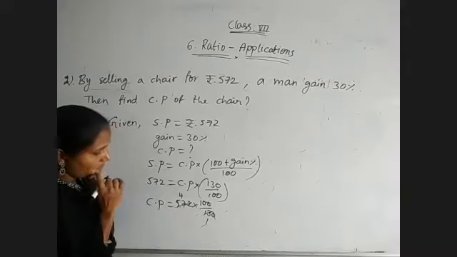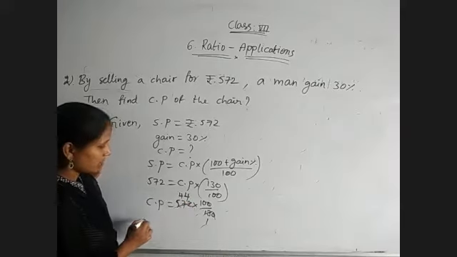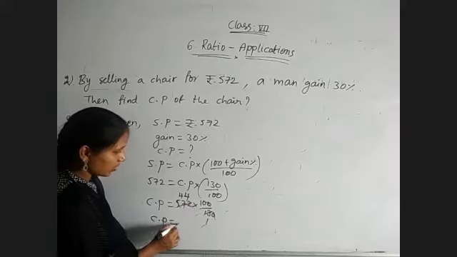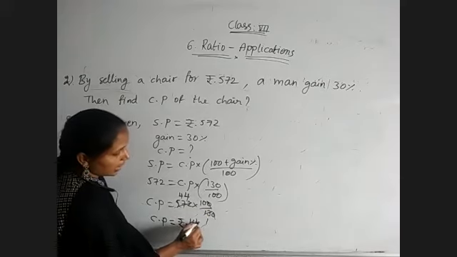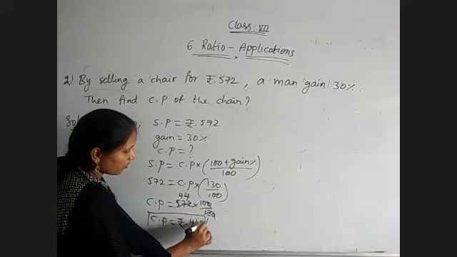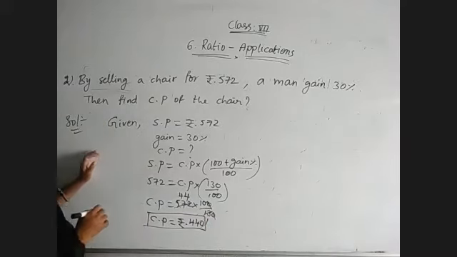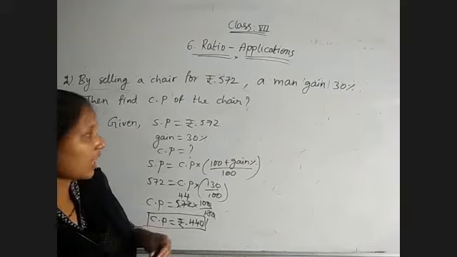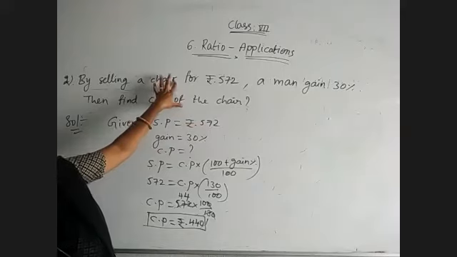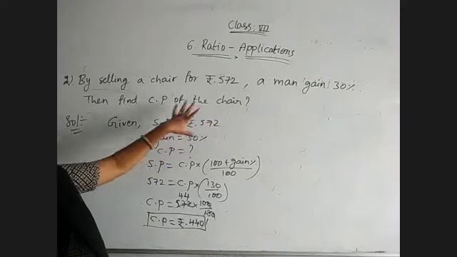Again 52. 13 fours are 52. So CP will be equal to 440 rupees. Cost price of the share is equal to 440 rupees. So just you need to think whatever values are given, find out those values and use the required formula.